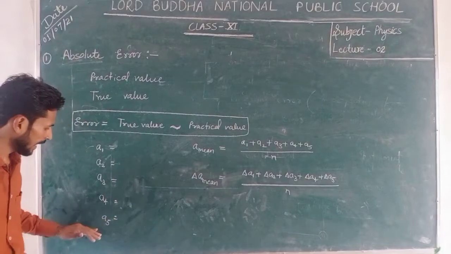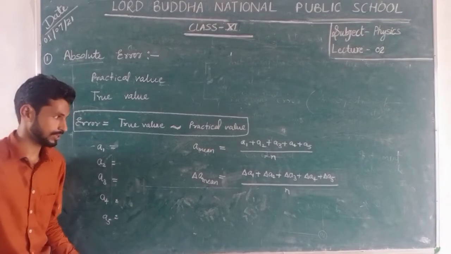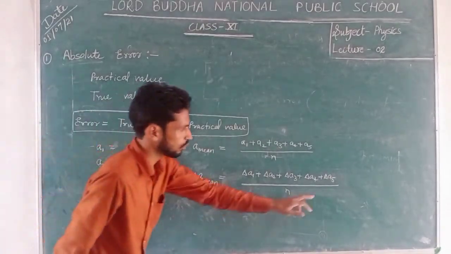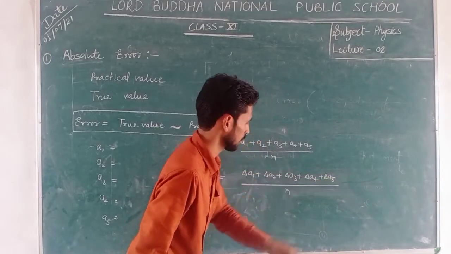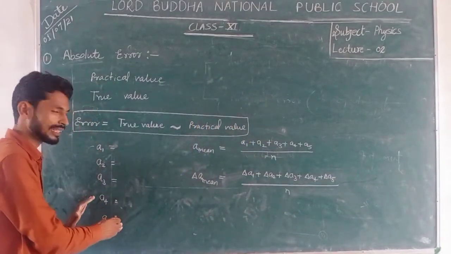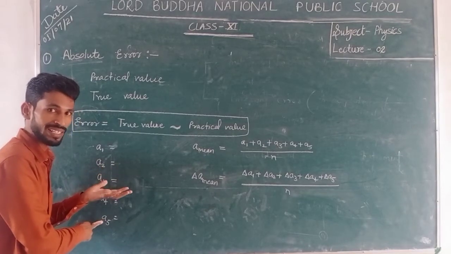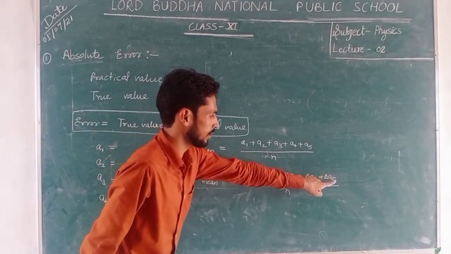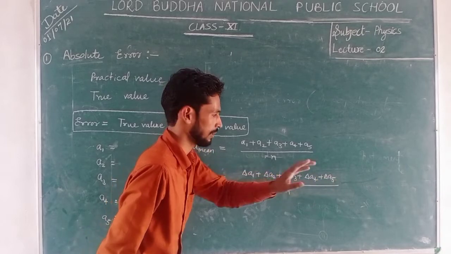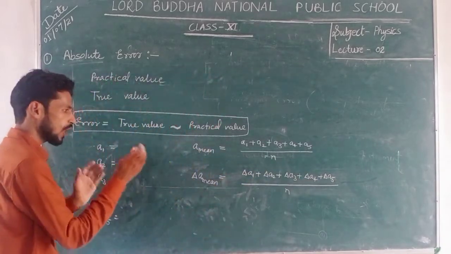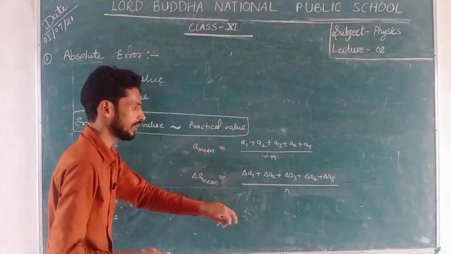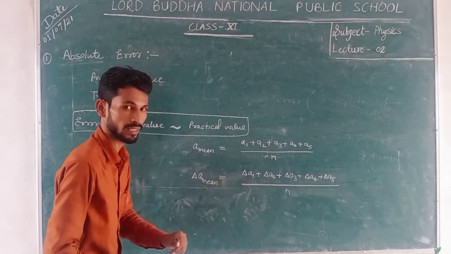If there are n terms, you will write n terms here. But in this example we are taking only 5 students who have measured values, so I have written only up to delta A5. Clear that?